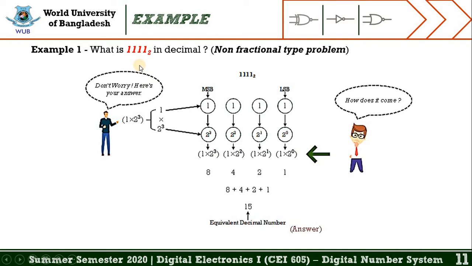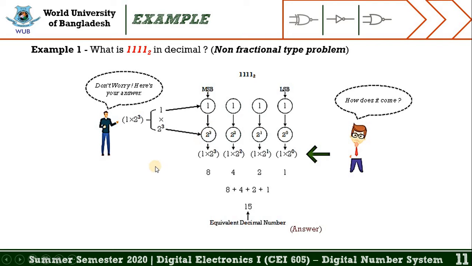The given number is the binary number 1111, and 2 is the base. The rightmost 1 is the LSB and the leftmost is the MSB. The positional notation is 2 to the power 0, 2 to the power 1, 2 to the power 2, 2 to the power 3.